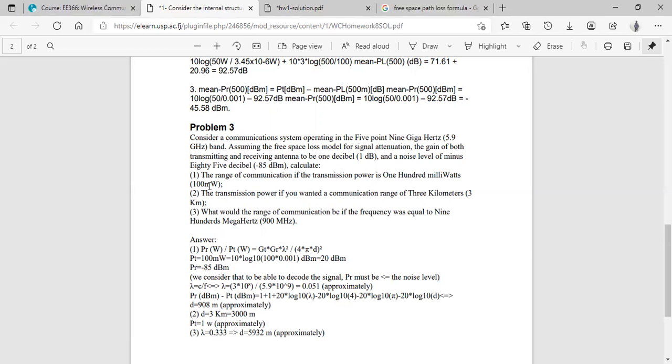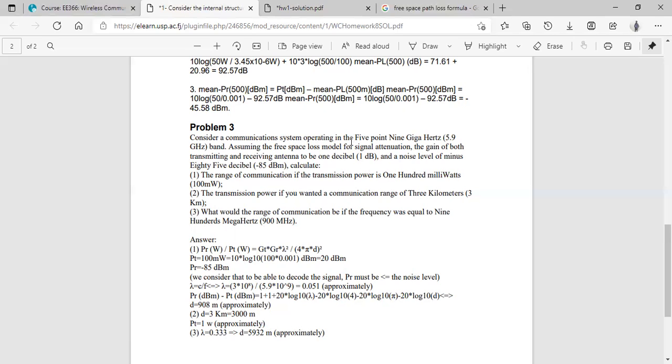Taking 10 log of this value gives us 20, so 20 dBm. So the transmitter power is 20 dBm, and the receiver power is minus 85 dBm.